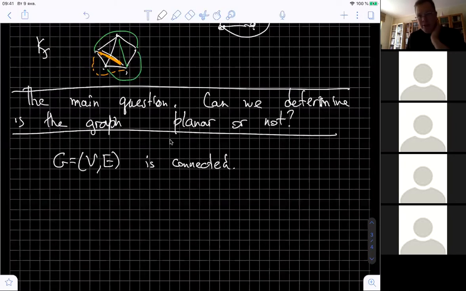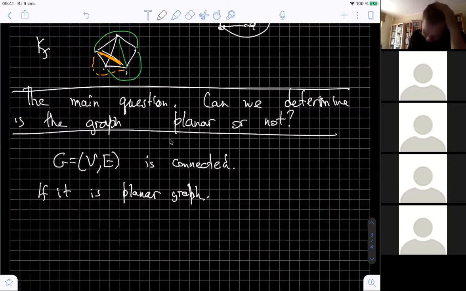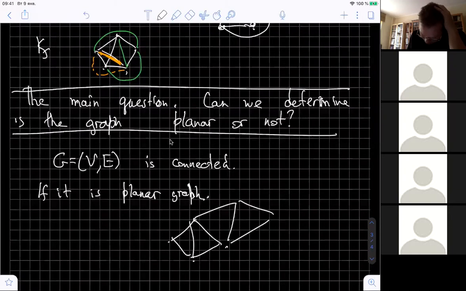So I can assume that my graph G is connected. And if it is planar, then I can look at this picture where I have my graph embedded on the plane.